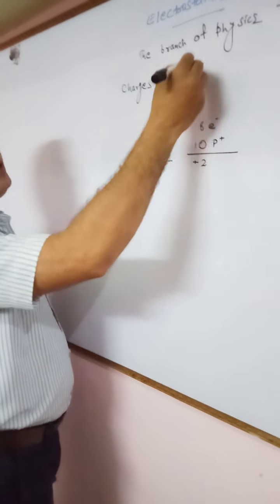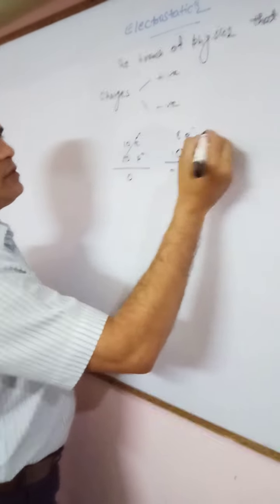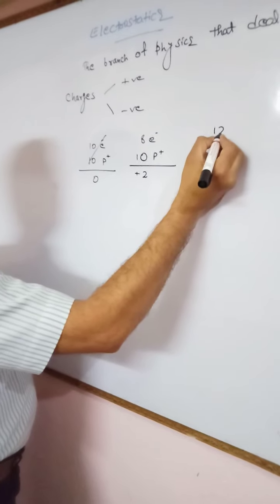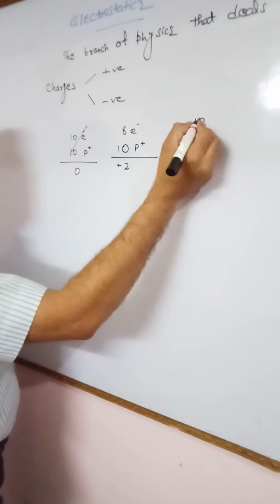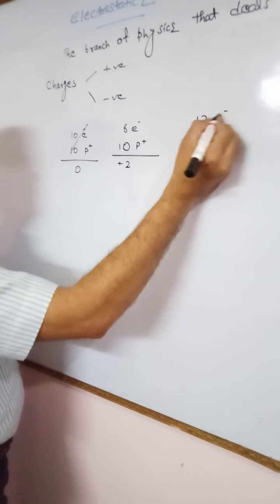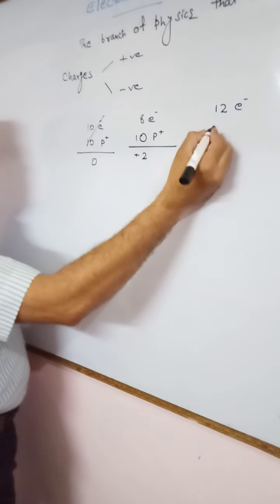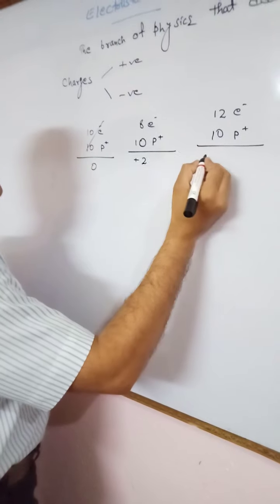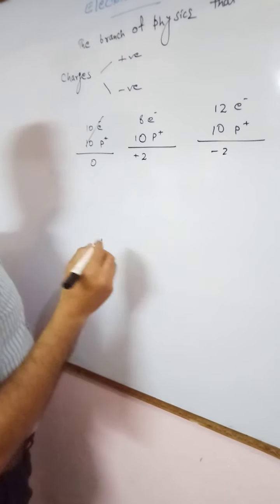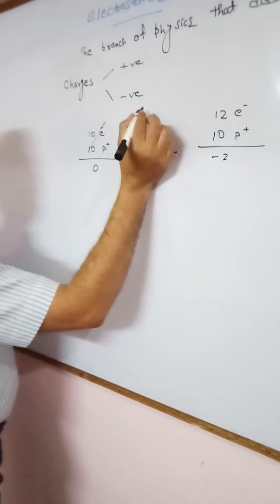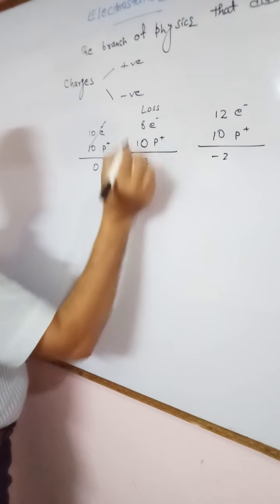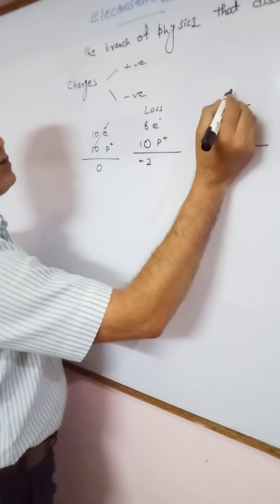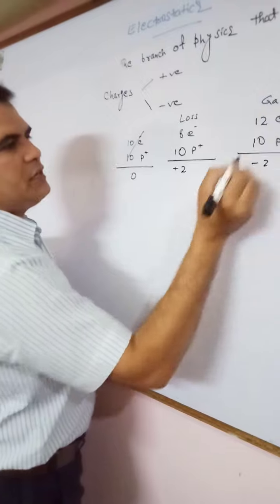So there are two types of charges, positive and negative. Suppose the body gains 2 electrons, from 10 it becomes 12 electrons, but the protons are still 10, so we get 2 negative. So a loss of electrons creates positive, and a gain creates negative.